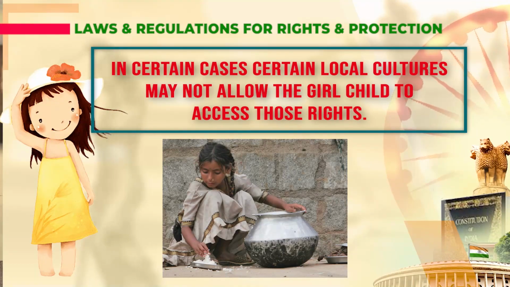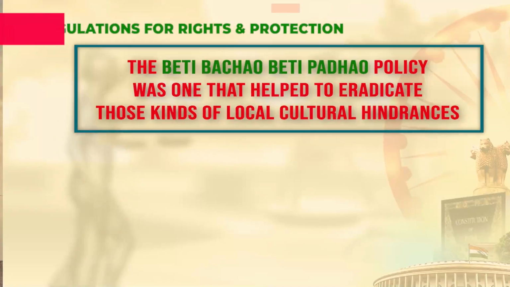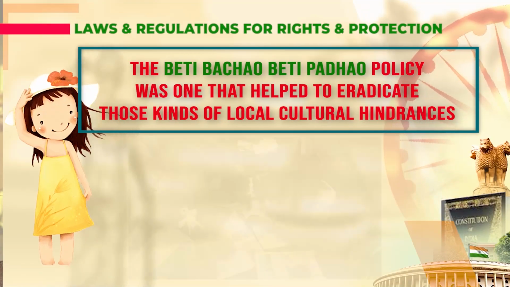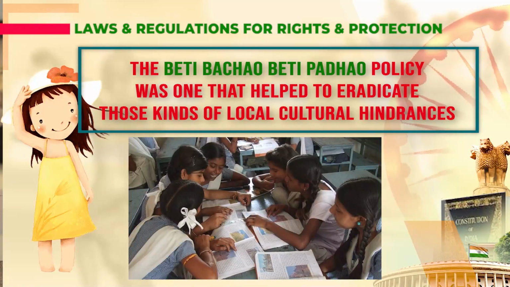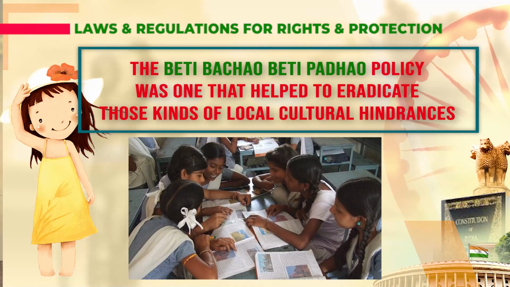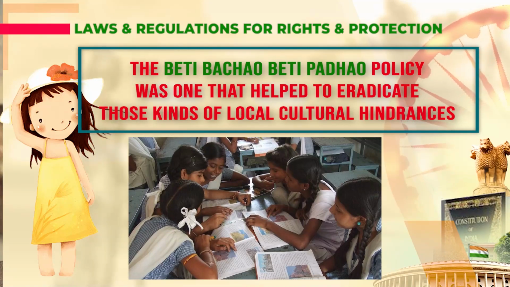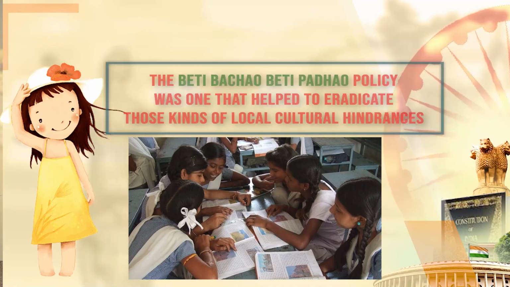Even if the nation may allow the girl child several rights, the local culture may cause some kinds of hindrance. The Beti Bachao Beti Padhao policy was one that helped to eradicate those kinds of hindrances, to eradicate the local cultural hindrances, and allow the girl child to access the same opportunities as the boy child.